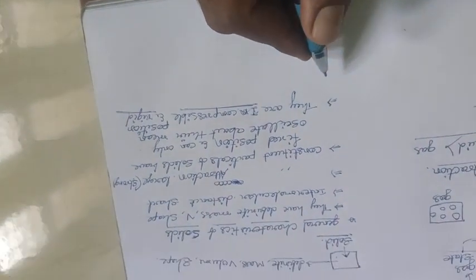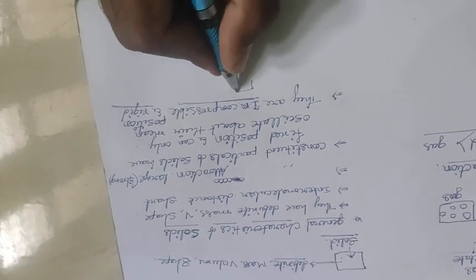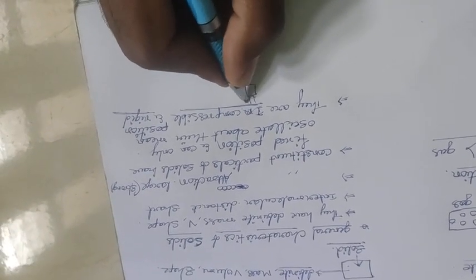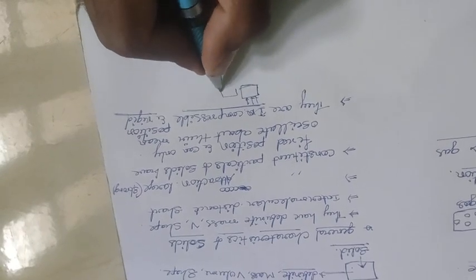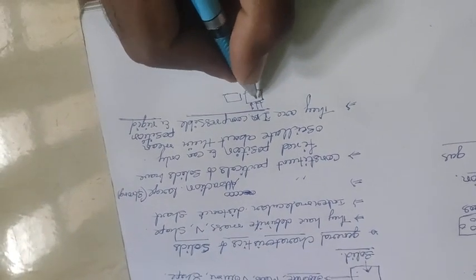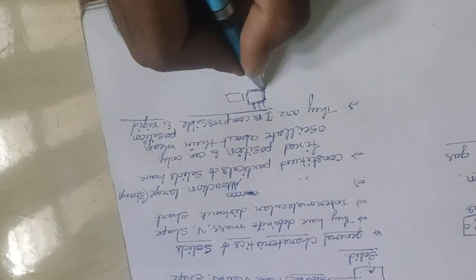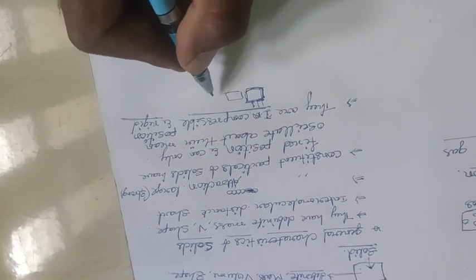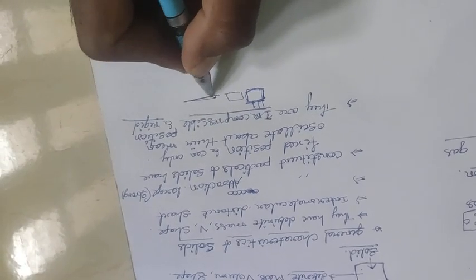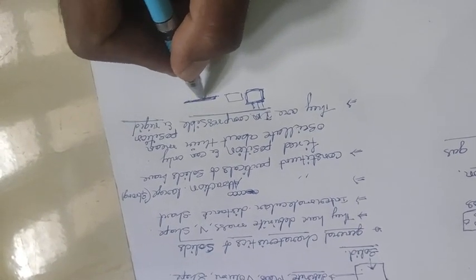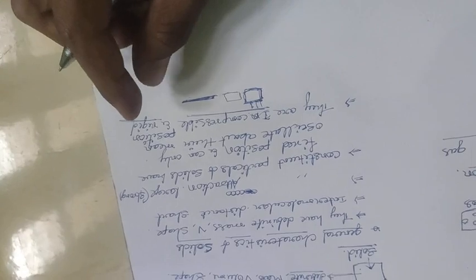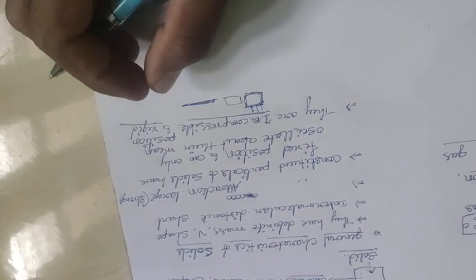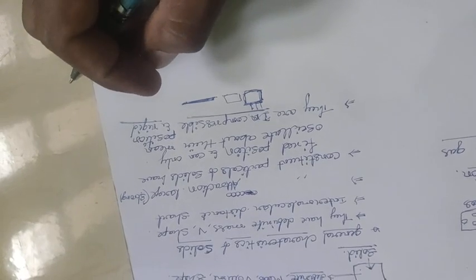Incompressible and rigid means that for these solids, for example this iron, if you apply any force, it does not change its shape, it has a fixed shape. Naturally, if you keep one rod for one day, and it has some diameter or width, after 5 days it will not be changed. Therefore that is rigid.